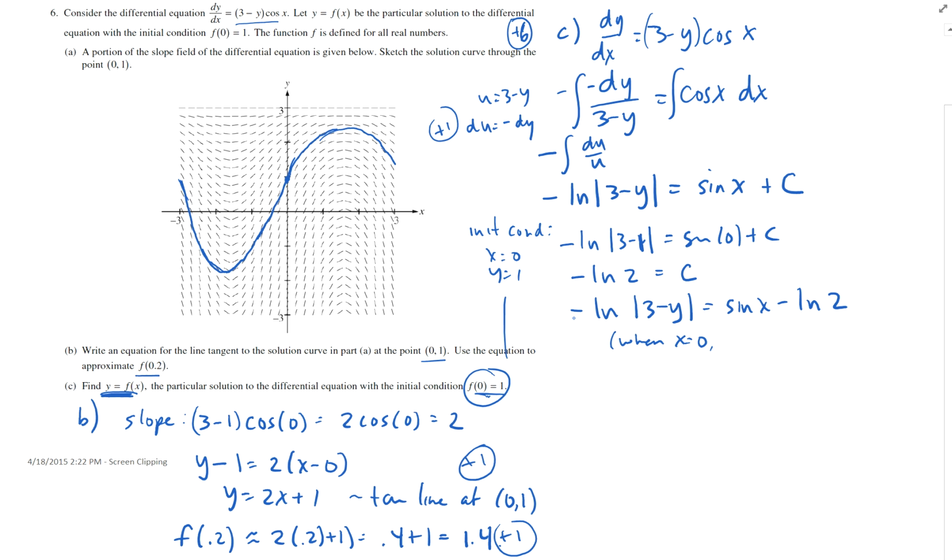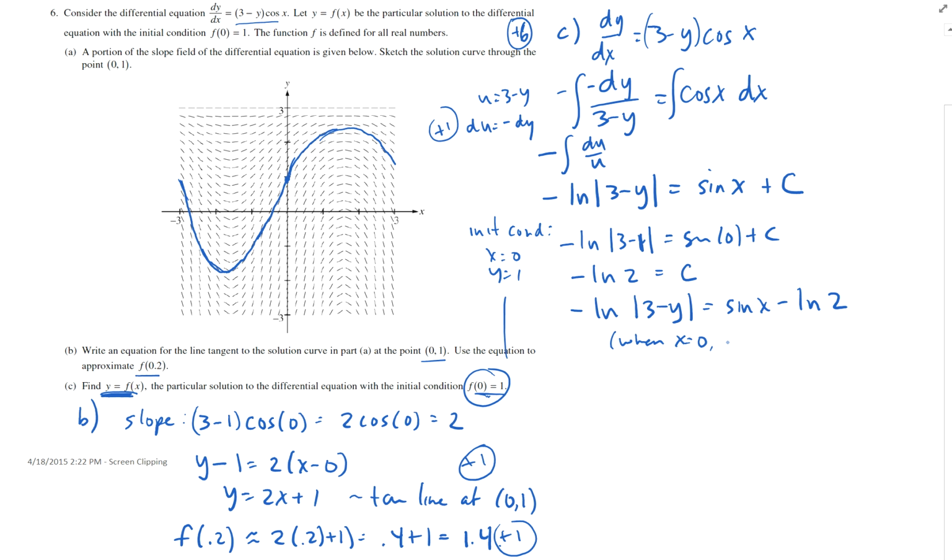This over here is the natural log of 3 minus 1, which is natural log of 2. This is negative natural log of 2. This needs to stay, this is a positive number here. So I don't need the absolute values; the absolute values aren't necessary anymore.